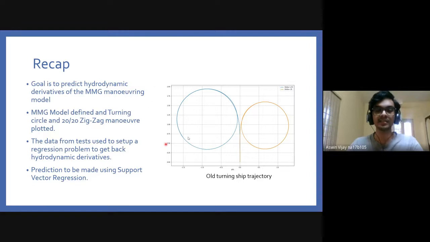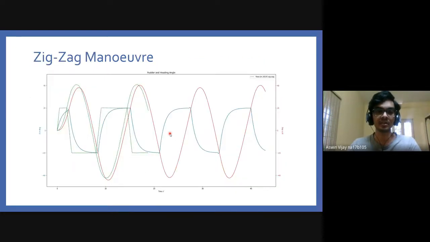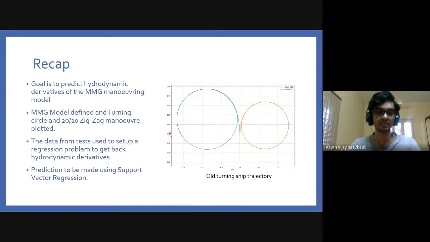As you can see here, this was my last plot, and there were some problems with it, so these were first corrected, and now I have the corrected plots here. The port and starboard turning circle maneuvers are plotted, and similarly I have also plotted the corrected zigzag maneuvers for the KCS ship, which I am using as a reference.